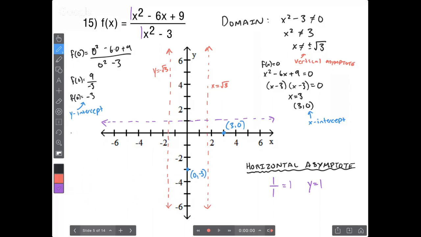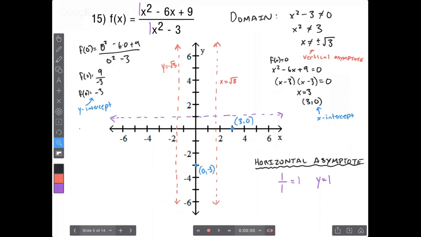Okay, now I'm finally ready to start looking at a sign chart. So I want to know what are all the critical values of this function, all of the zeros of the numerator and the denominator. And then I'll be able to tell when this function is positive and when it is negative. Okay, so let's start trying to do that.